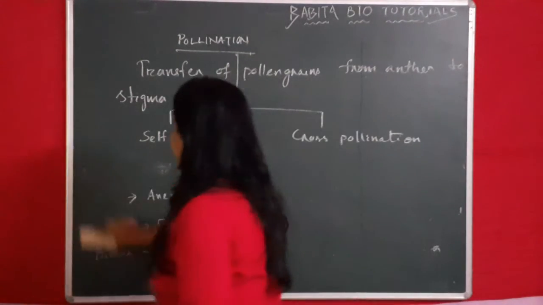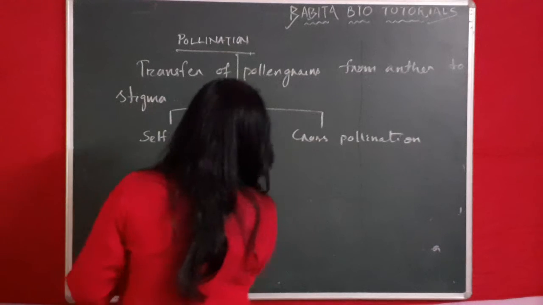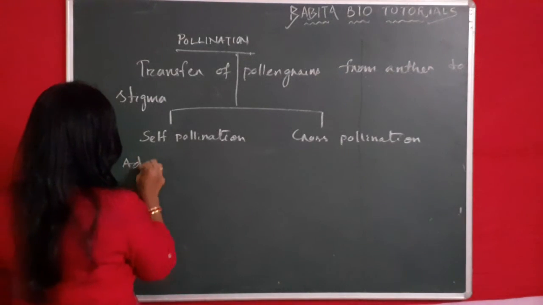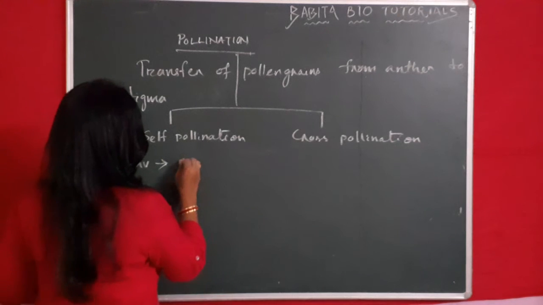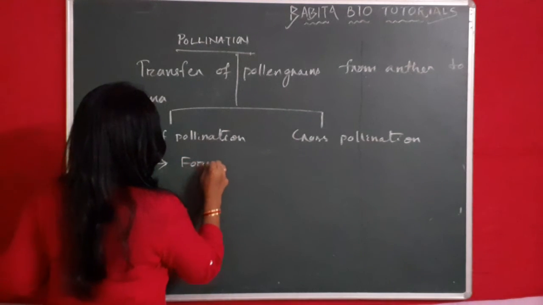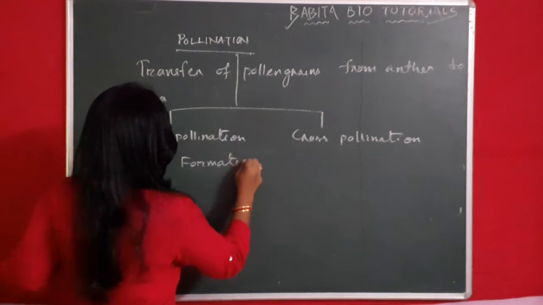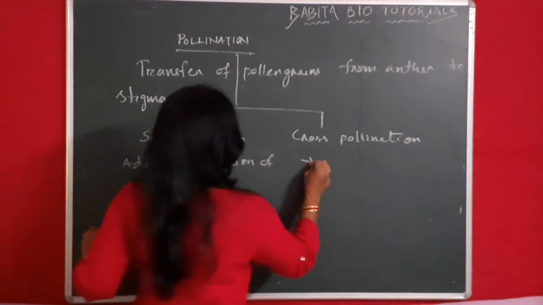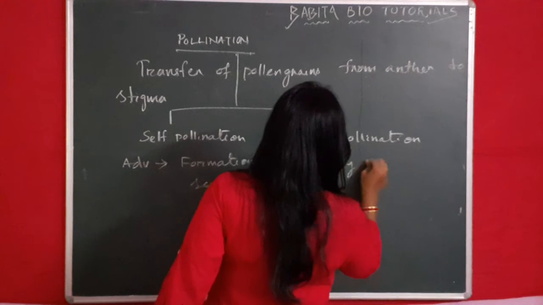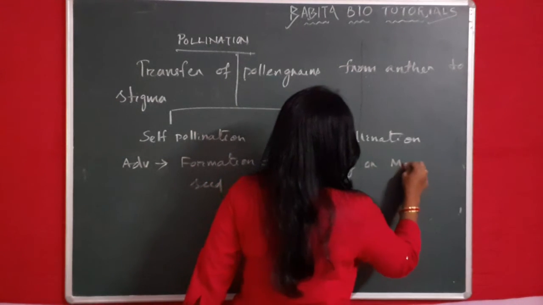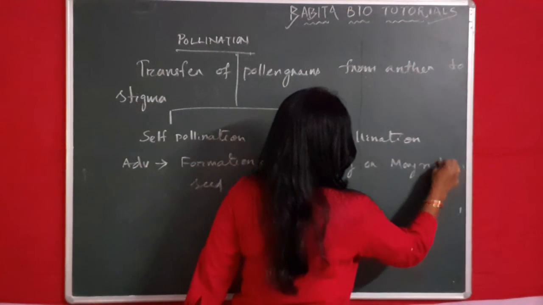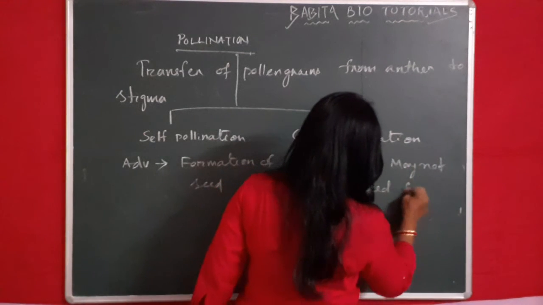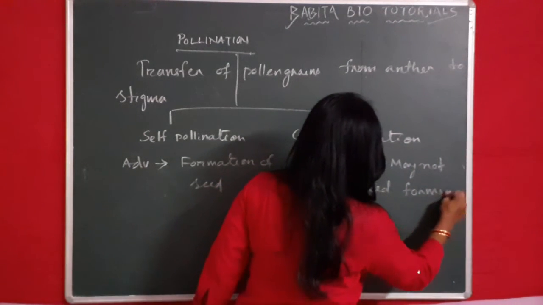These are the advantages of self-pollination and the disadvantages of cross-pollinated plants. The advantage of a self-pollinated plant is that formation of seed occurs.